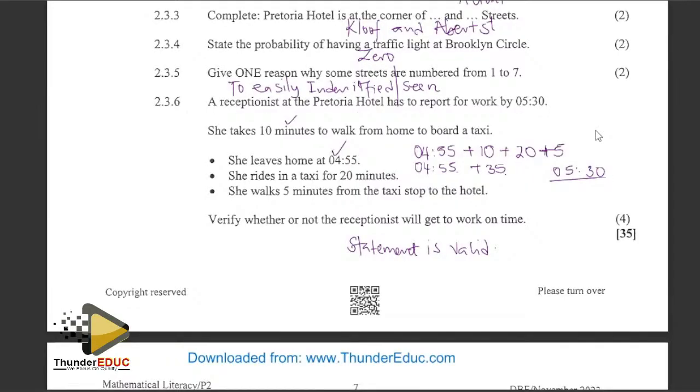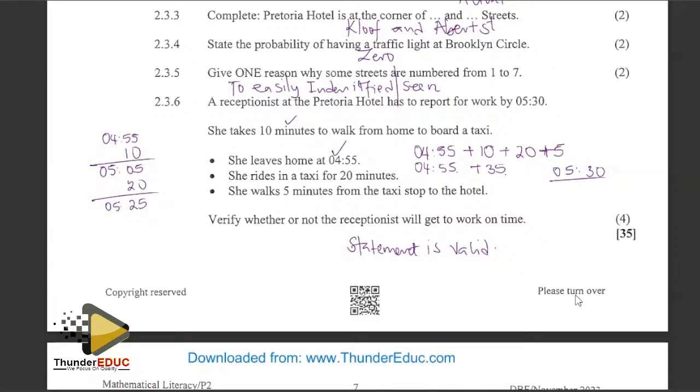If not, someone would have done this. Add on 10, what do you get? You get 5 past 5. Not so? 5 past 5. Then you add on the 20 in the taxi. So that's 5:25.